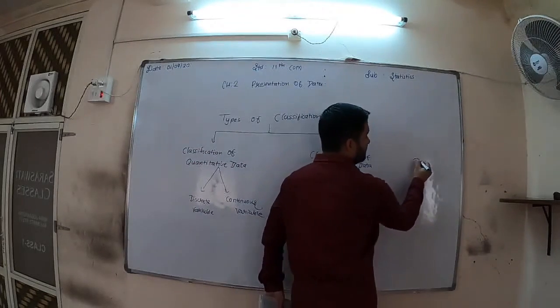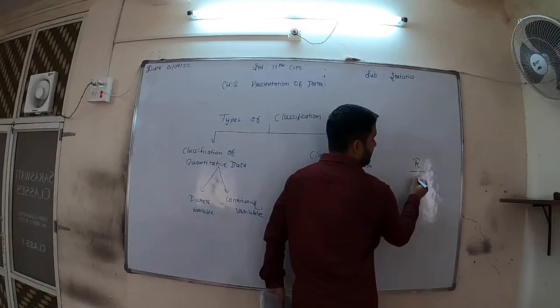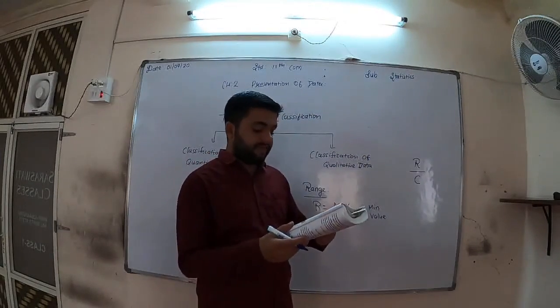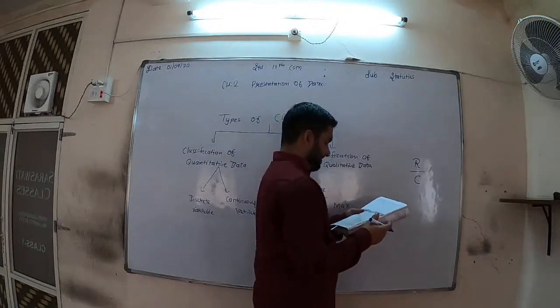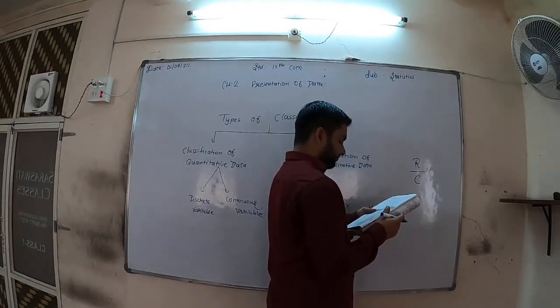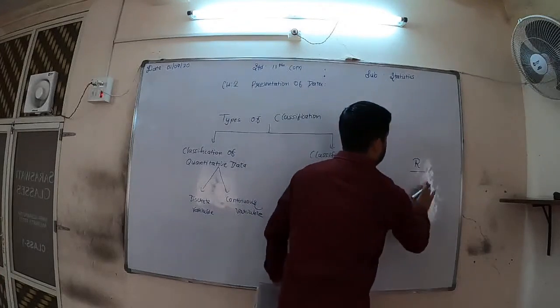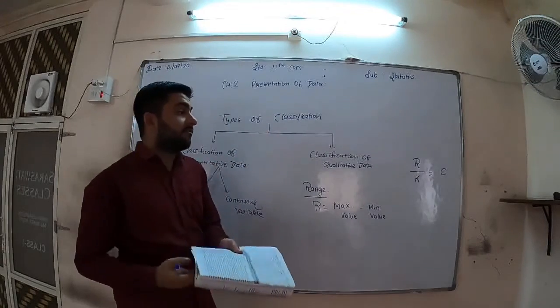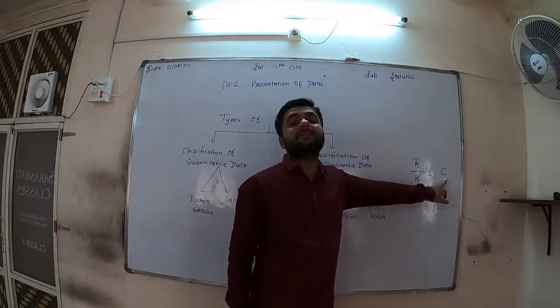You don't need to write, I am just explaining. Range R is divided by the number of classes K, so we will get the estimated class length. But what they are telling, this should not be in decimal values.